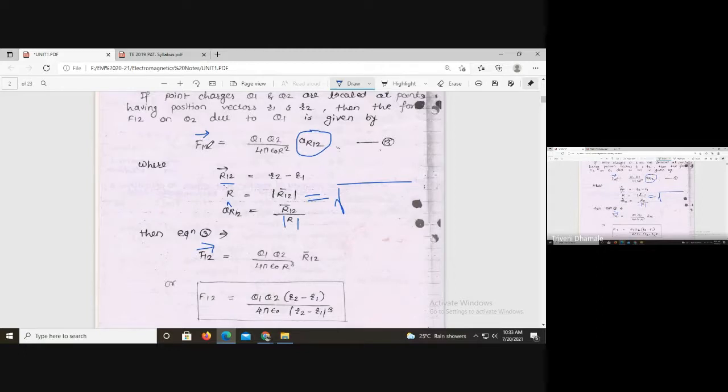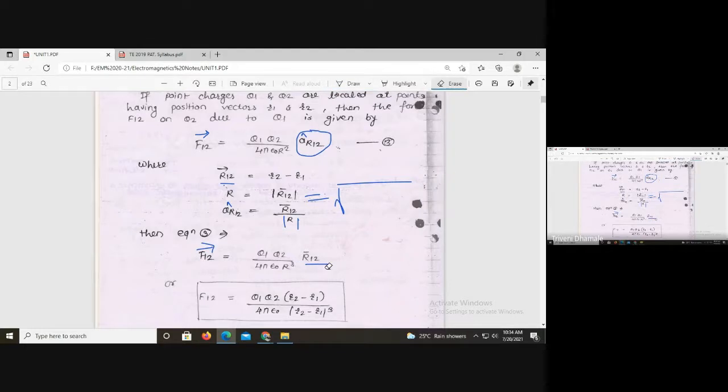That means force on 2 due to 1. So the unit vector is also along R12 bar. Now when we put the value of AR, that is the unit vector, R12 bar divided by R, this R square and this R becomes R cube. So the formula is like this.